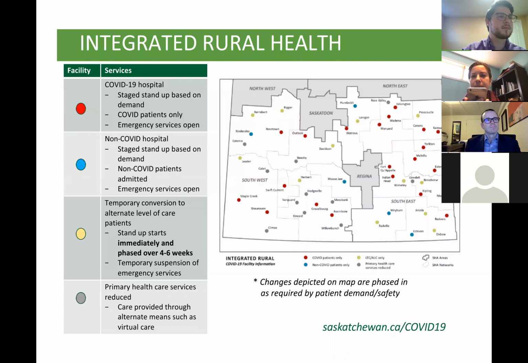So I think it's prudent to be assuming that anybody who has respiratory symptoms that might be COVID-19 is managed that way. We do recommend that anyone who has respiratory symptoms is taking measures to self-isolate for the duration of those symptoms, and then to be seeking guidance from 811 and getting tested.